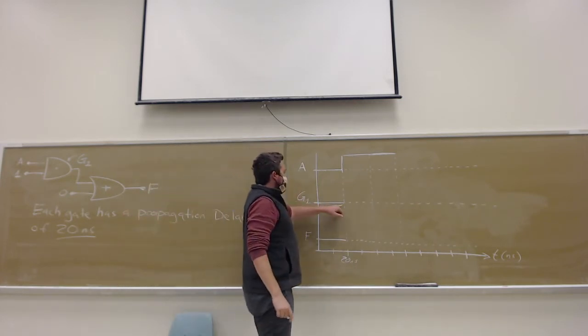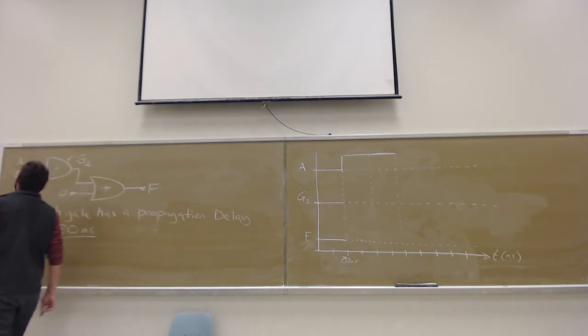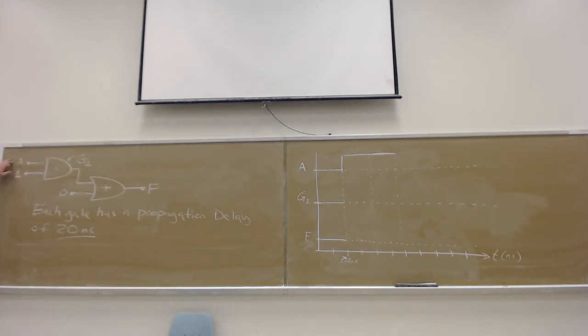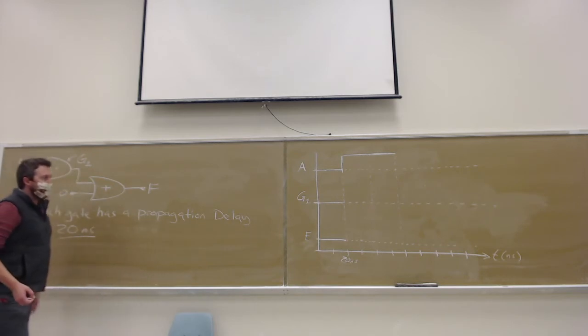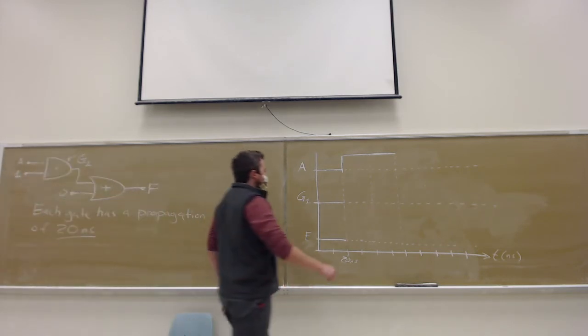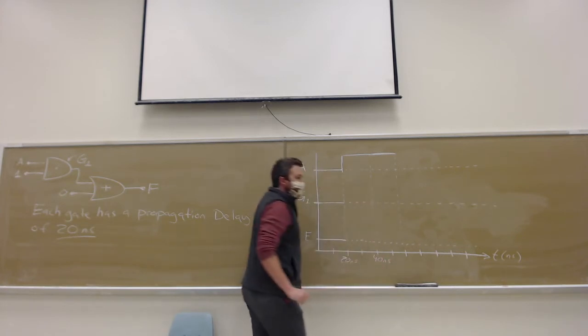So, what happens to gate 1? A goes to 1, so G1 goes from 0 to 1, right? But it's got the delay. So it's actually not going to go to 1 until when? Until 40 nanoseconds, right?